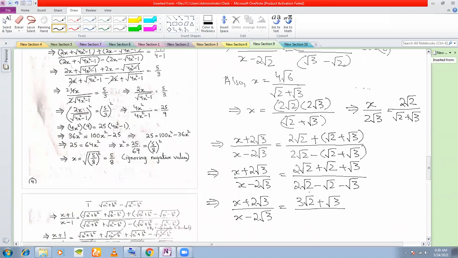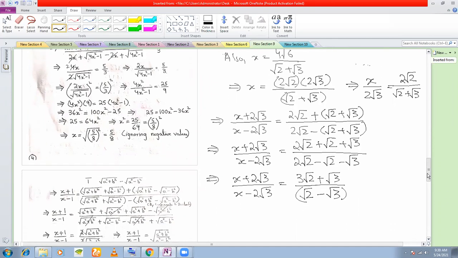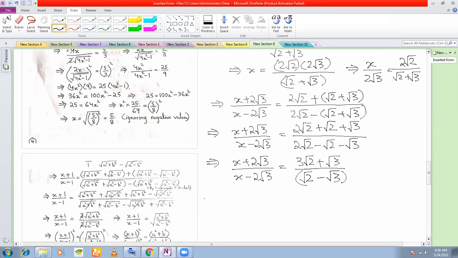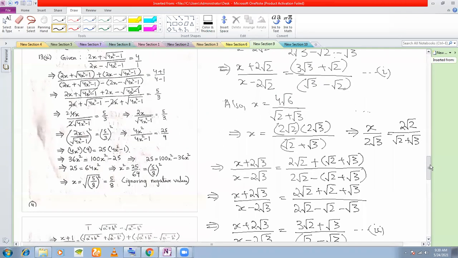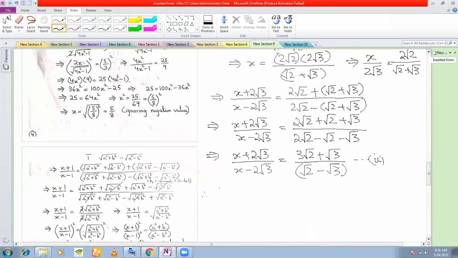And in the denominator, you have 2 root 2 minus root 2, which is root 2 minus root 3. Okay. So now, call this 2. We had called the earlier one as 1. Now we add 1 and 2.